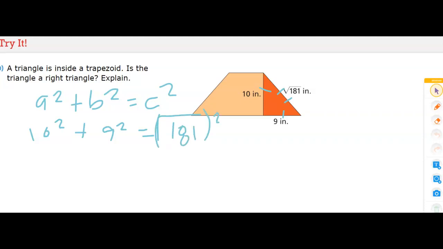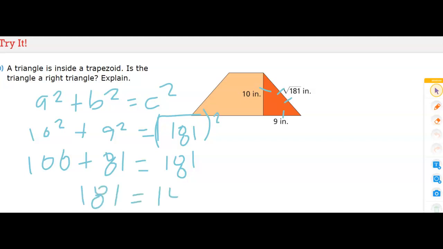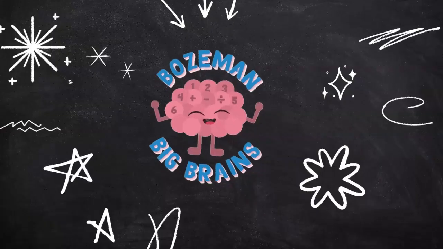Alright, so 10 squared is 100, 9 squared is 81, and then the square root of 181 squared is going to come right back out to 181. And so 100 plus 81 is 181. So these are equal, which means it is a right triangle.